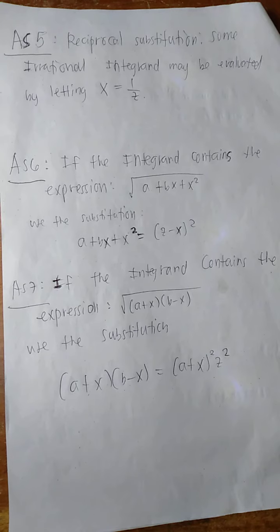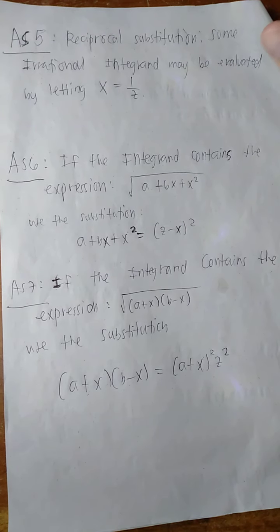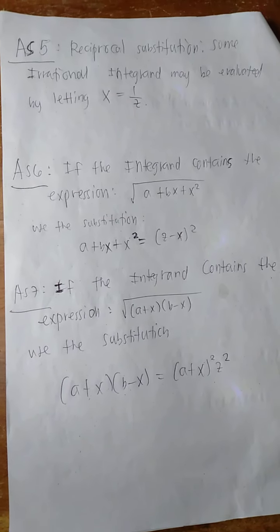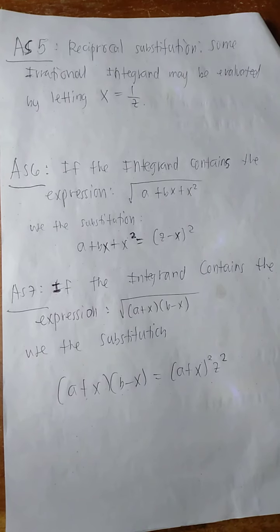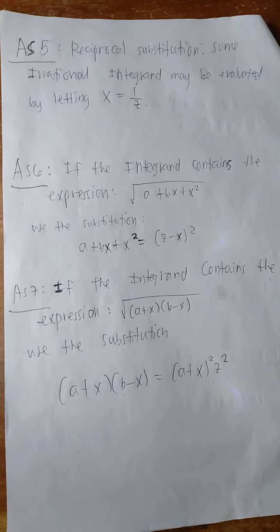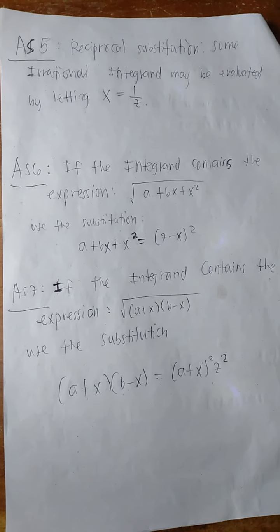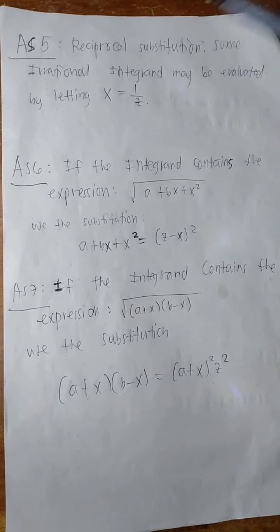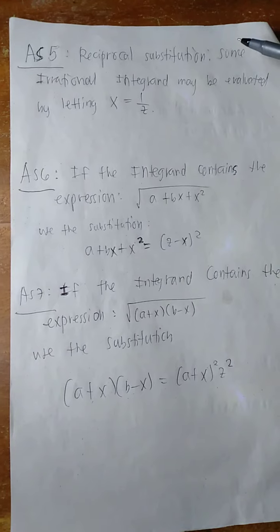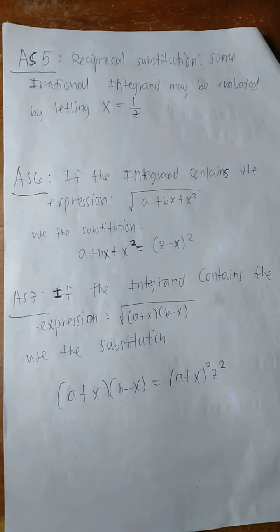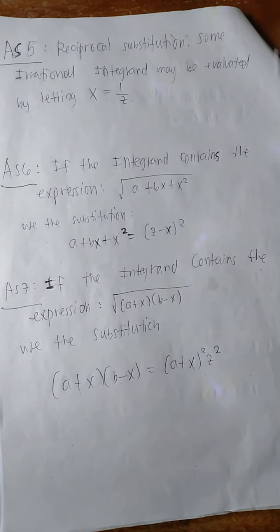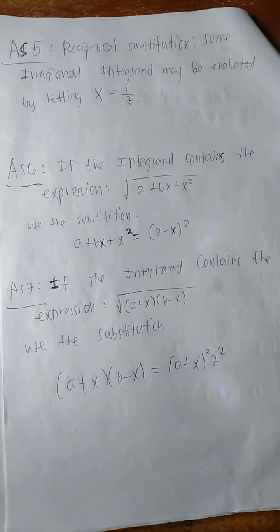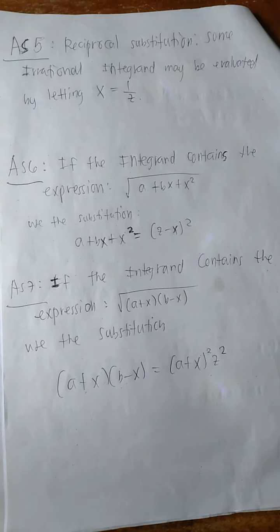In the same scenario or same requirements, you can use AS5 on problem 4. But this time, our substitution is x equals 1 over z. So now, let's try to solve problem number 4 again using that substitution.